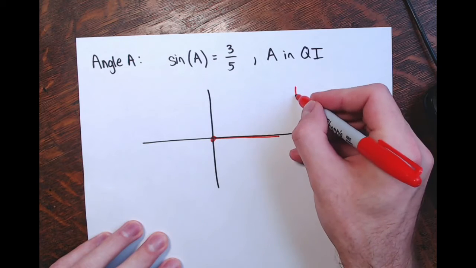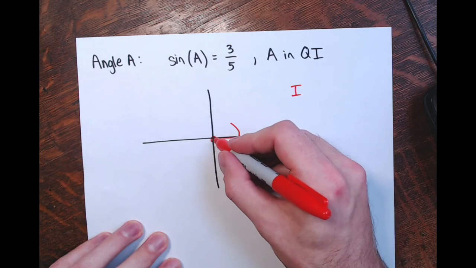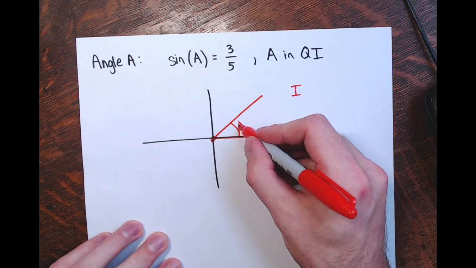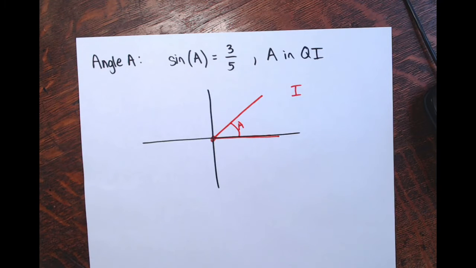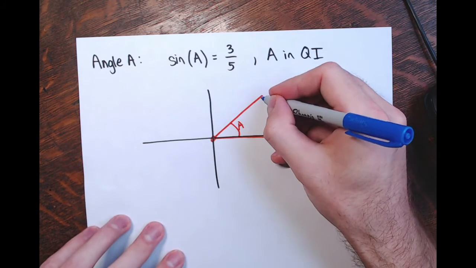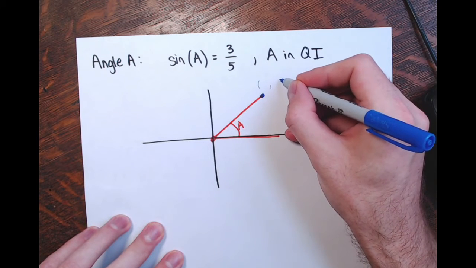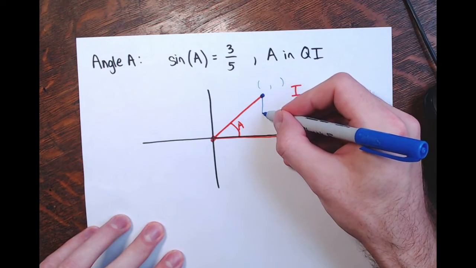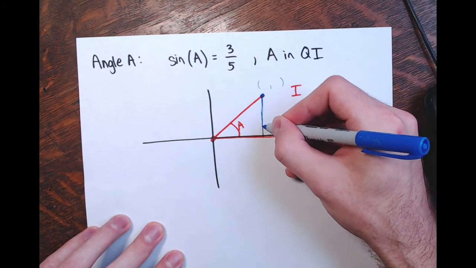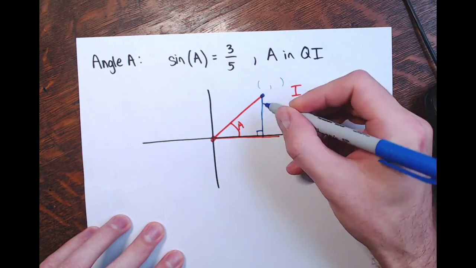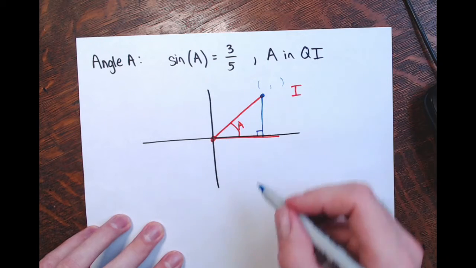Quadrant 1 is just the upper right corner, so there's an angle that ends in quadrant 1, and I'll call that A. Pick a point on the terminal side. It's got an x-coordinate and a y-coordinate. I'll drop a perpendicular segment to the x-axis, creating a nice right triangle.